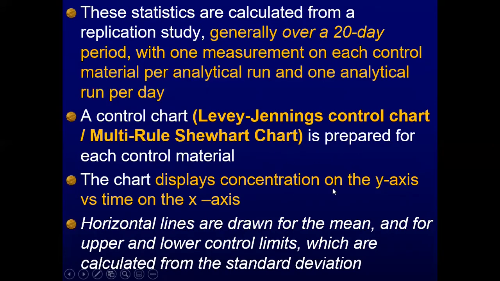The chart displays concentration on the y-axis versus time on the x-axis, and horizontal lines are drawn for the mean and for upper and lower control limits, which are usually three standard deviations.